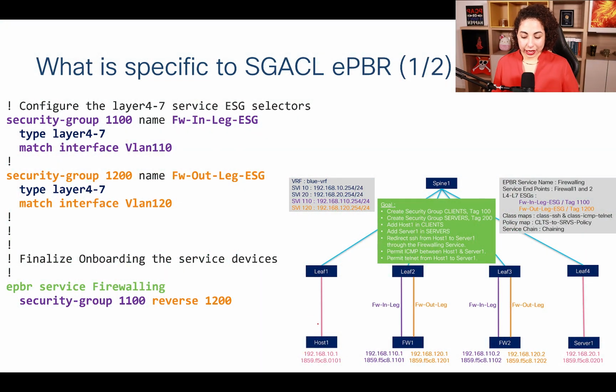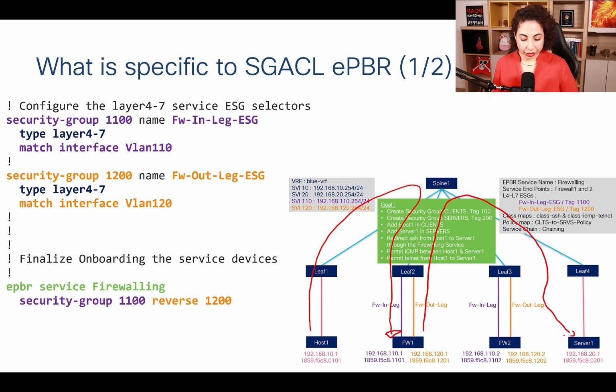Okay, so let's again consider a forward traffic from host 1 to server 1. So it will first be redirected to the inside leg of firewall 1. Then it comes back. And here it is permitted towards server 1. When it comes back, through which leg is it coming back?